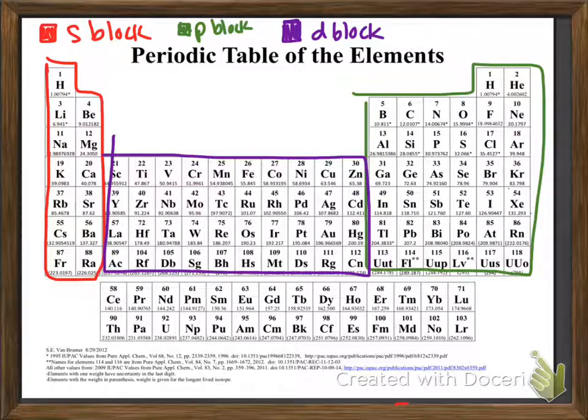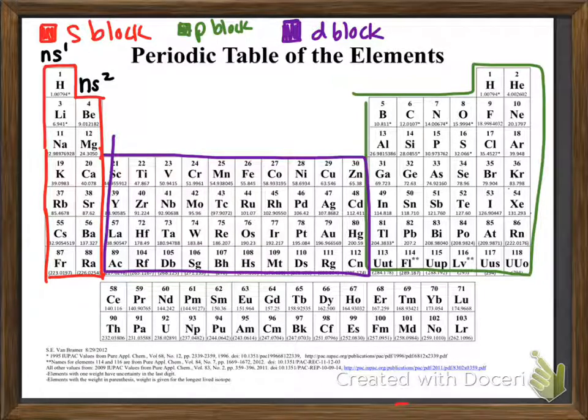But let's do a little refresher on why these are called the S and the P and the D block. Well, when we looked at the expected electron configuration for each group, we found that everything in group 1 was going to end with ns1, where n is the uppermost main energy level, that everything in group 2 was going to end with ns2. So hence, these are filling in s subshells.